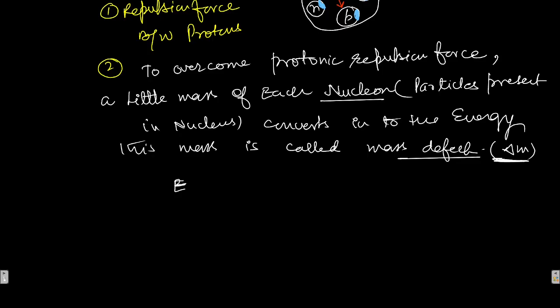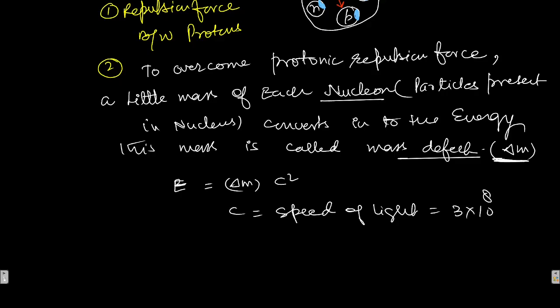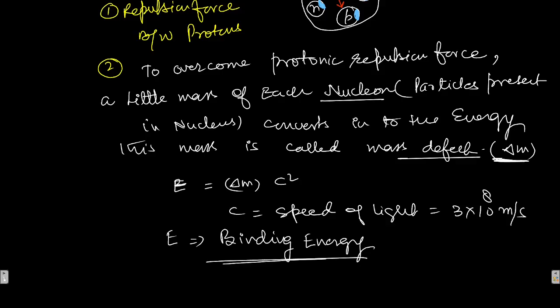The equation is simple. E is equal to delta m c square. c is nothing but the speed of light. Its value is 3 into 10 to the power 8 meter per second. And this energy is called binding energy.